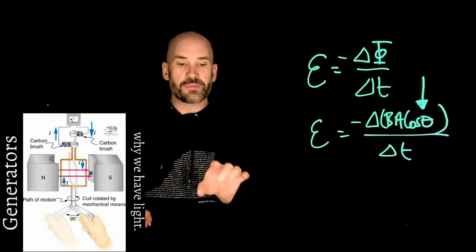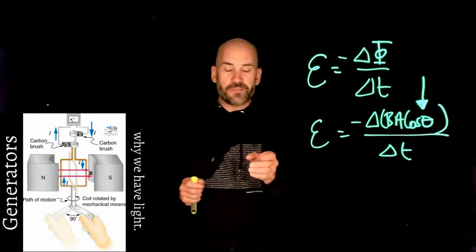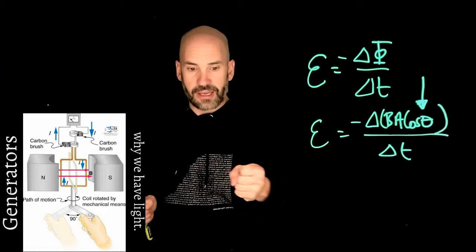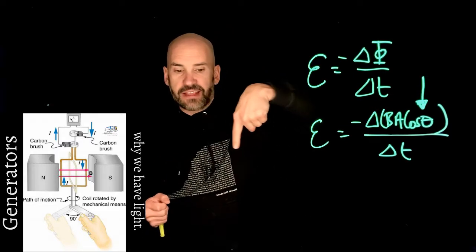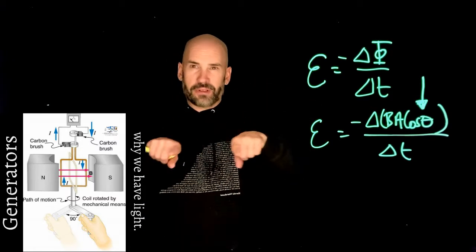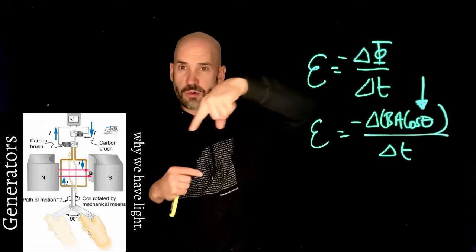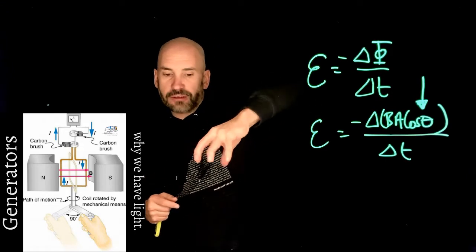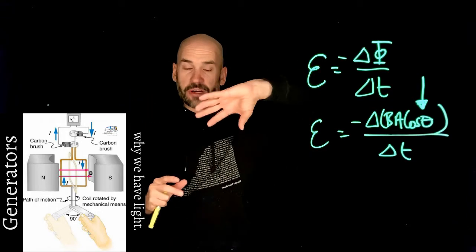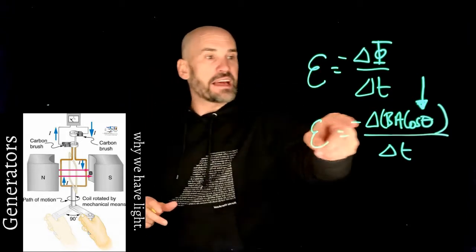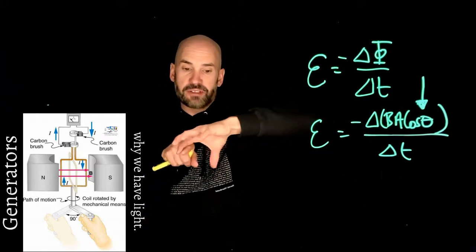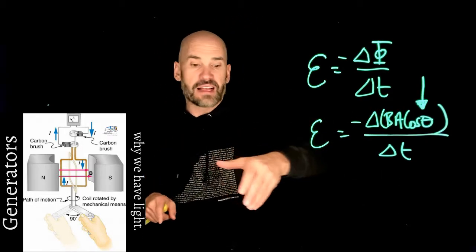You can see in this picture that if you rotate this crank, this little loop, kind of like a rectangular loop, is rotating between these two magnets, a north side here and a south side here. That rotating loop is constantly having a change in flux because the angle that the area is making with the magnetic field is constantly changing.